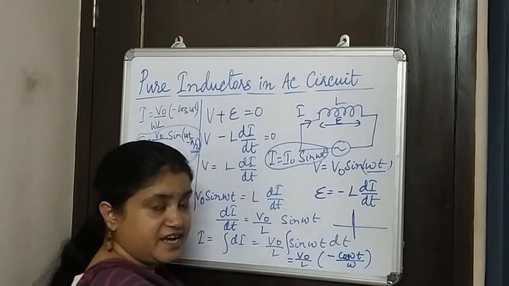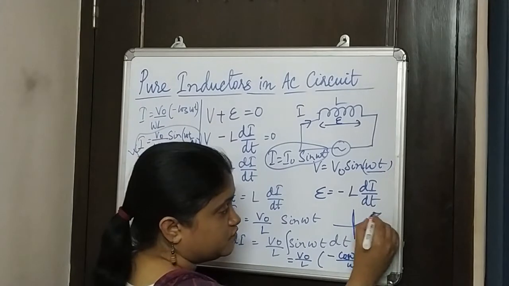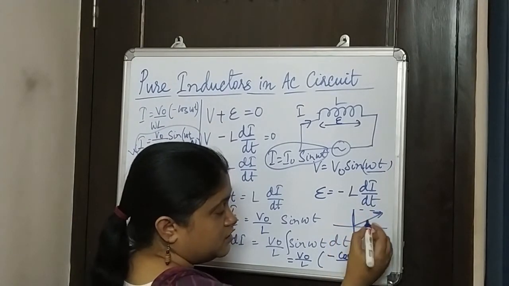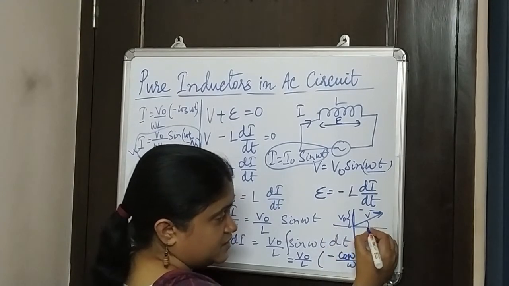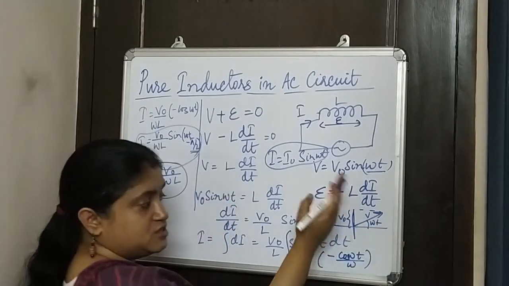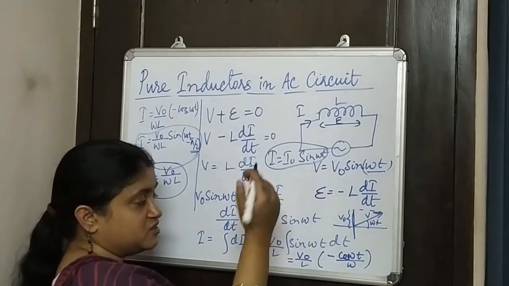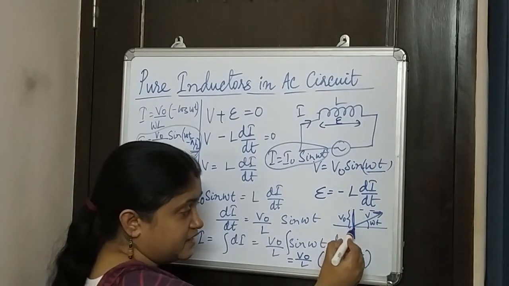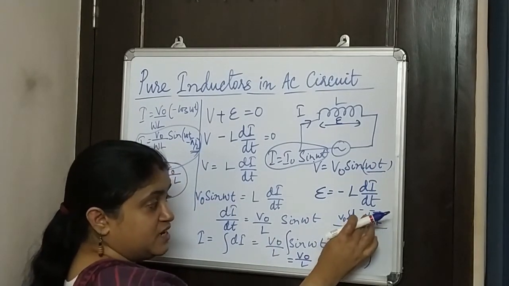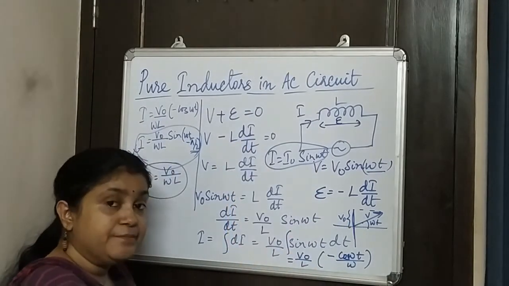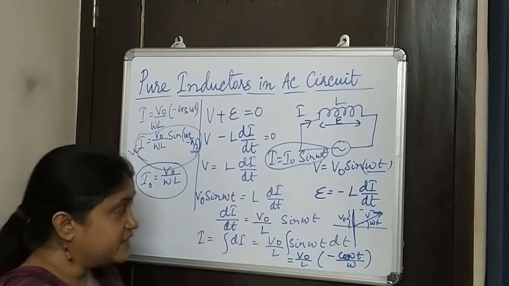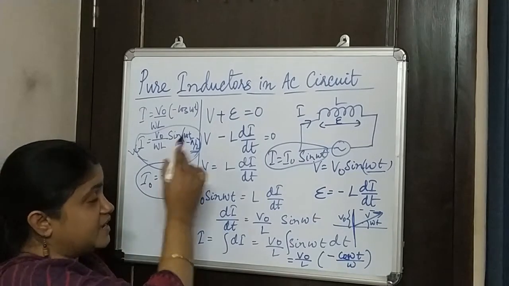Suppose this is the phasor diagram and this is my source voltage V naught. This is V naught and this is the vector V. This is the angle omega t, which is in the anticlockwise direction. But my current is actually 90 degree behind the voltage.